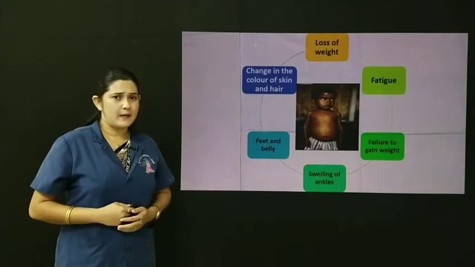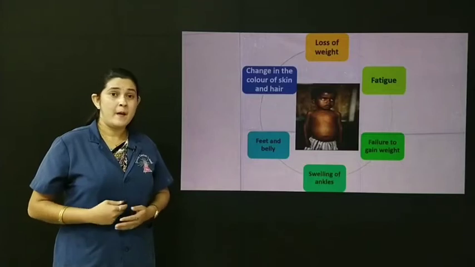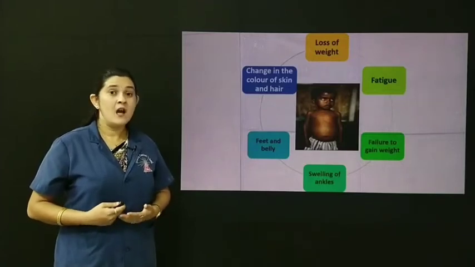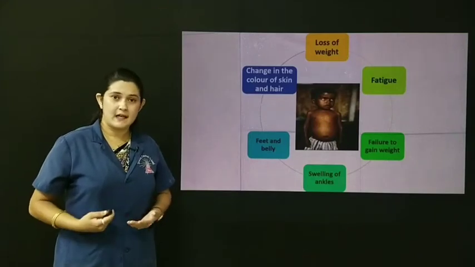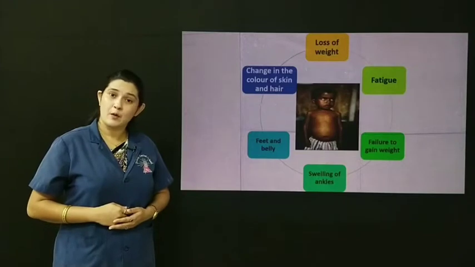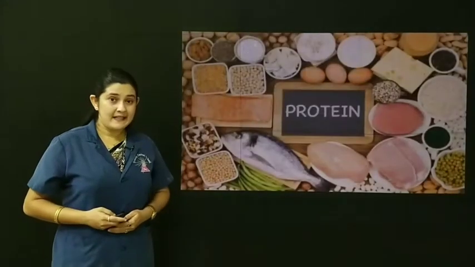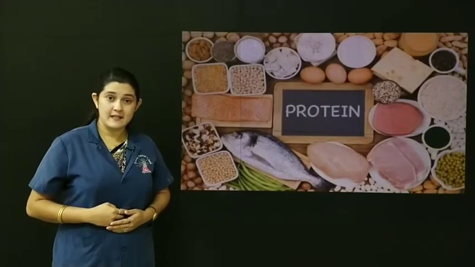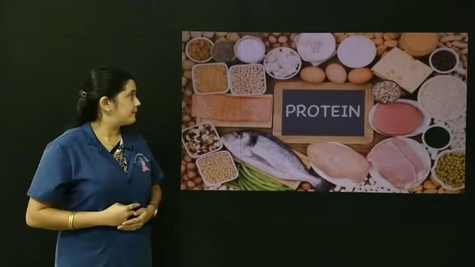How can kwashiorkor be prevented? It can be prevented by taking the right amount or adequate amount of protein in our diet. So the deficiency here is proteins. By eating food that is rich in proteins, this disease can be prevented.